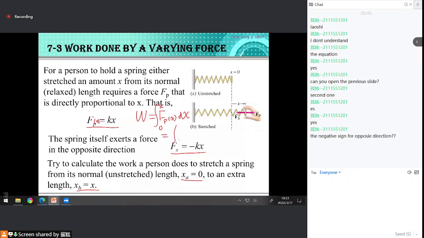That's the integration kx dx. The negative sign is for the opposite direction. So here, negative sign means in the opposite direction, because if we choose here to be x, if Fp is positive, that means Fs is negative.